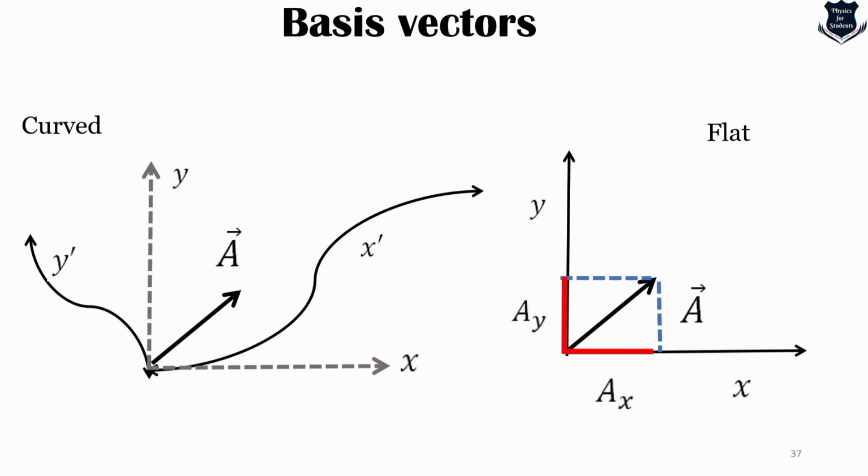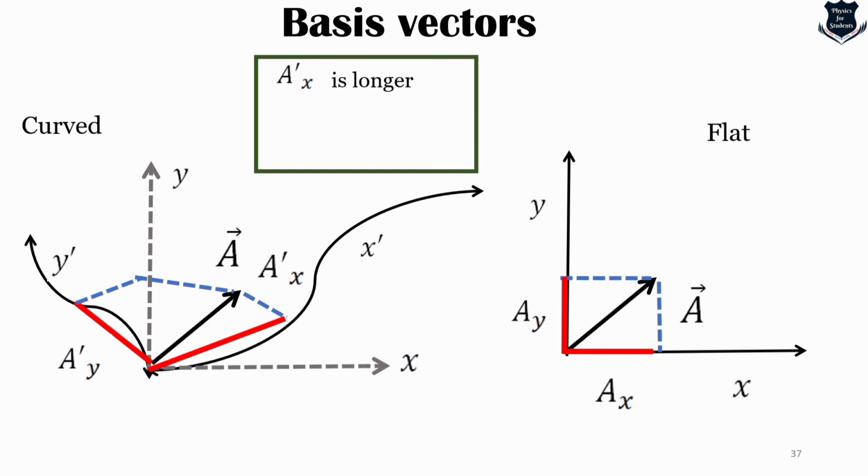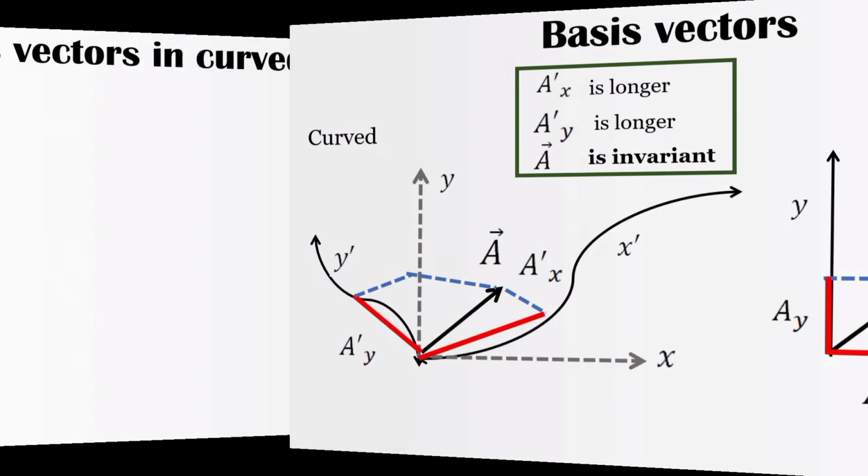I'm trying to keep this vector the same, but I'm measuring it through those components. You see the x component is something here and the y component goes something here. When I join those, I see A prime x is longer than Ax, and A prime y is also longer than Ay, but A remains invariant, in the sense that it doesn't change. So this is the problem: the basis of the vectors changes in curved space.